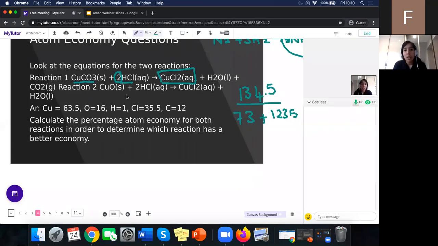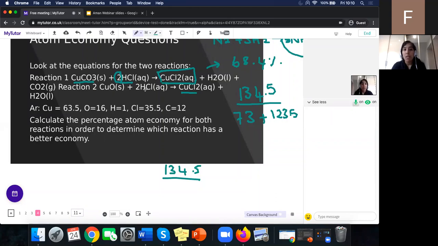Okay, let's look at the second reaction. Again, we're forming copper chloride, so it's going to have an MR of 134.5. So let's just remember this first reaction had an atom economy of 68.4% to 3 significant figures.